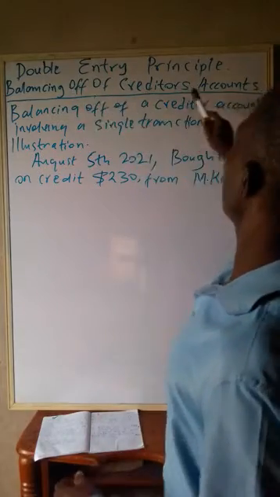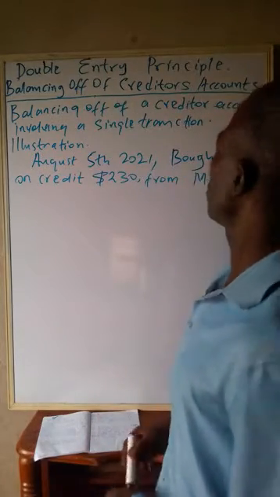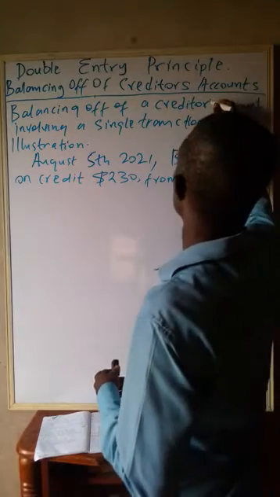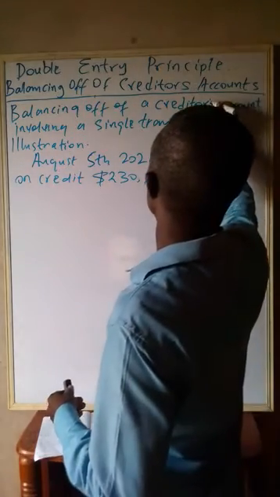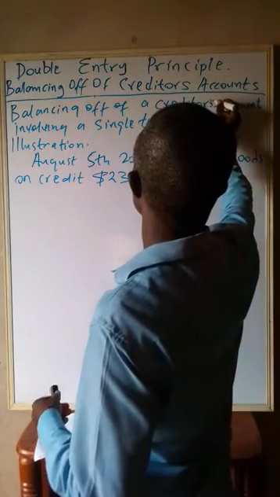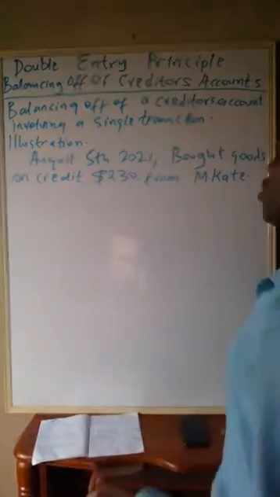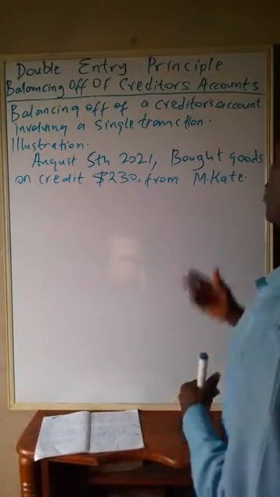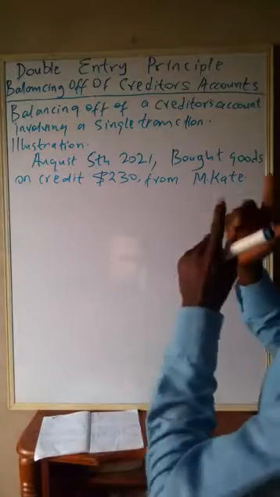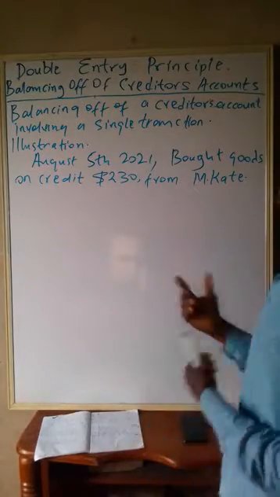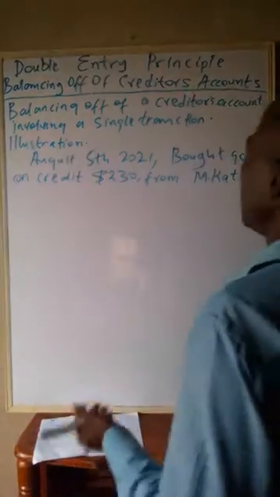Balancing off of a creditor's account involving a single transaction. A single transaction is just one buying and selling between the buyer and the seller.